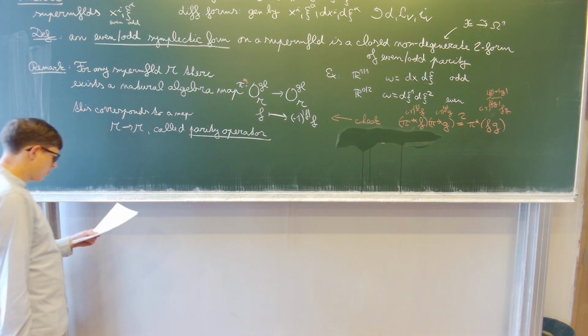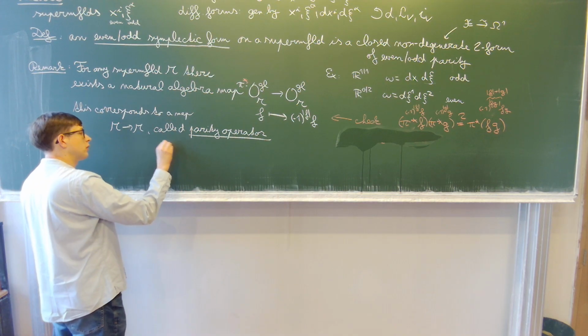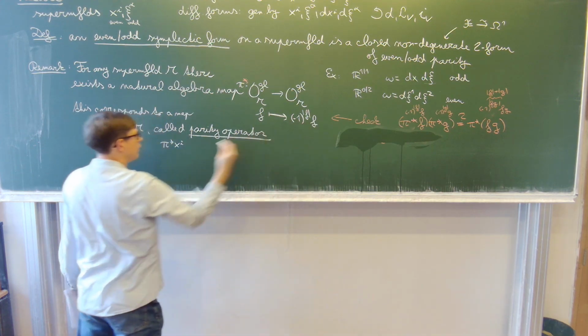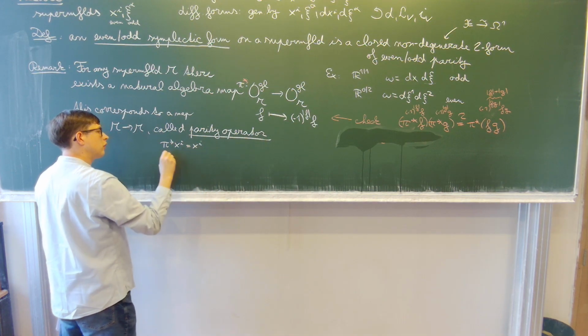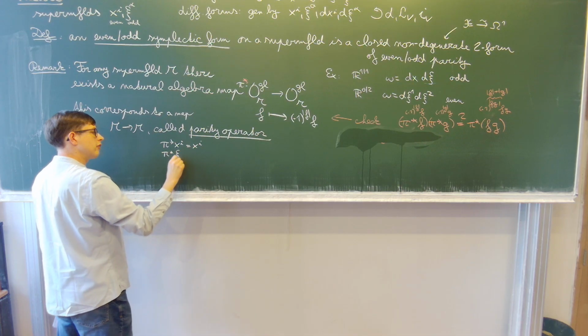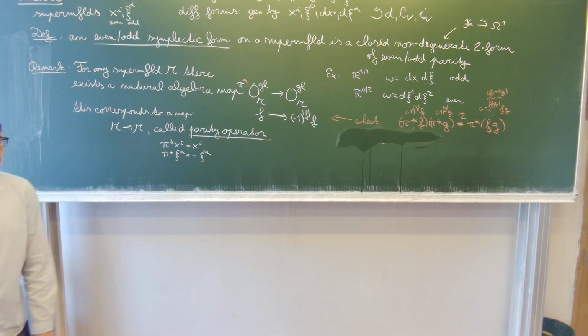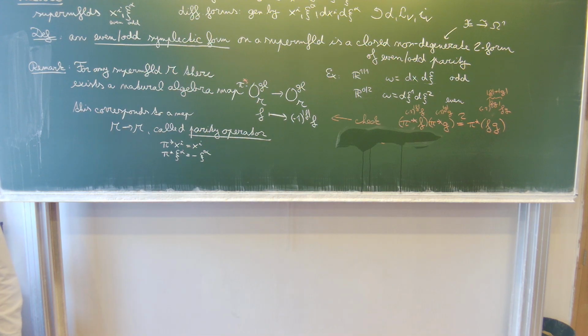And maybe just to see how it acts on coordinates: it fixes the even coordinates and it adds a sign for the odd coordinates. So you can think about it as an inner vector field that enforces Z2 parity. So it multiplies homogeneous components.